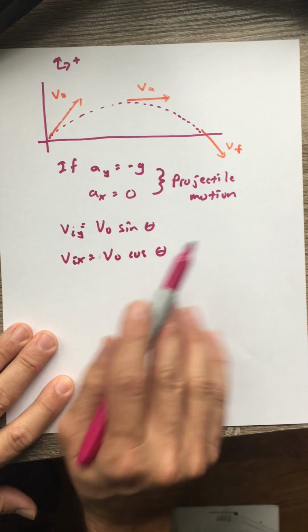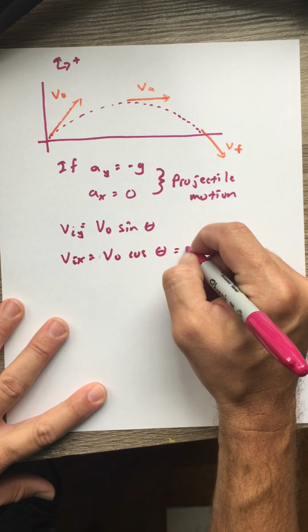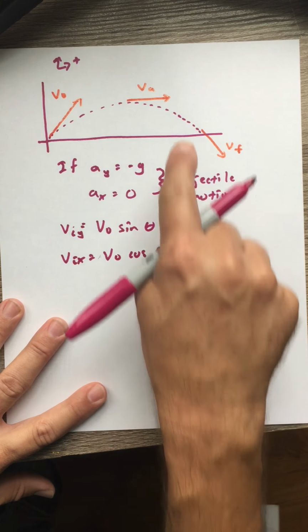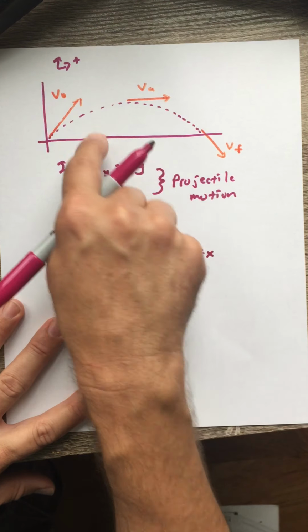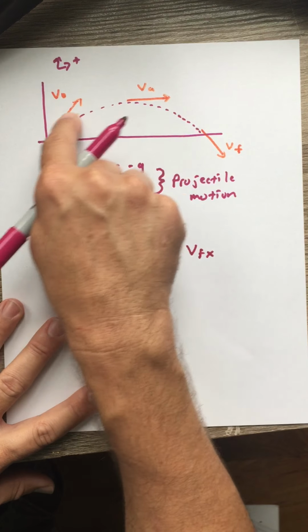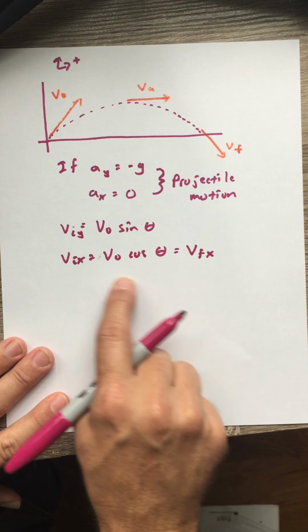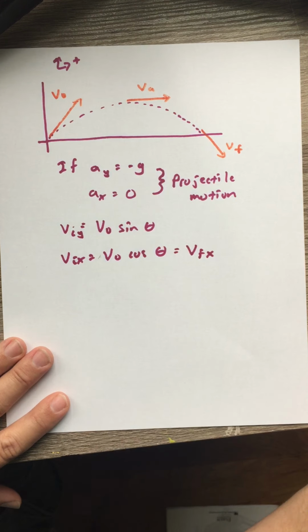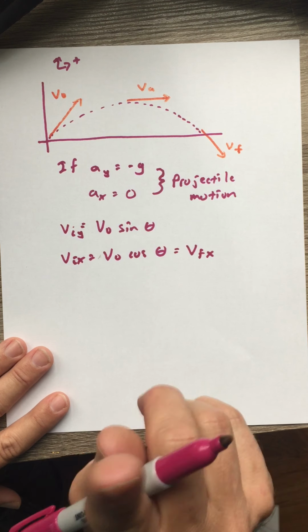So v initial x is equal to v naught cosine theta, and that is also equal to v final x, and is also equal to every x component of the velocity at every point along the motion. If the acceleration is 0, it's not changing, and so it's v naught cosine theta everywhere in this motion.